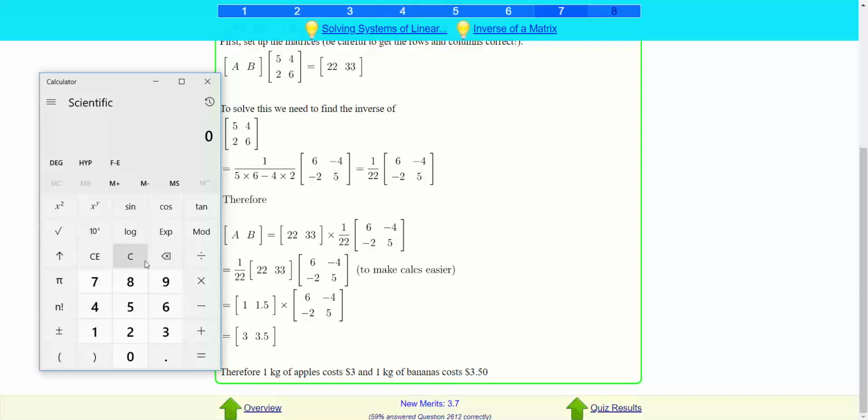Multiply rows by columns. So 0.27 multiplied by 22 plus, or negative, then we would have open bracket 0.18 multiplied by 33 close bracket.